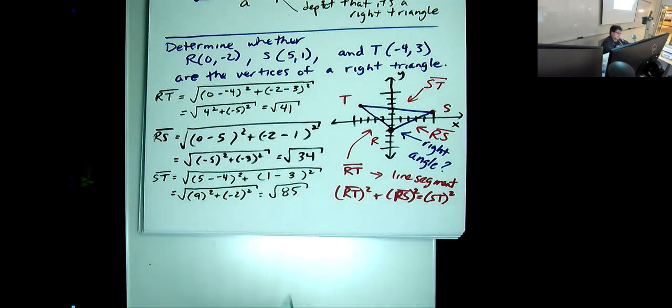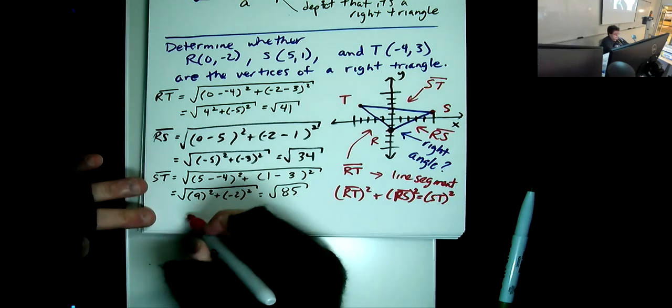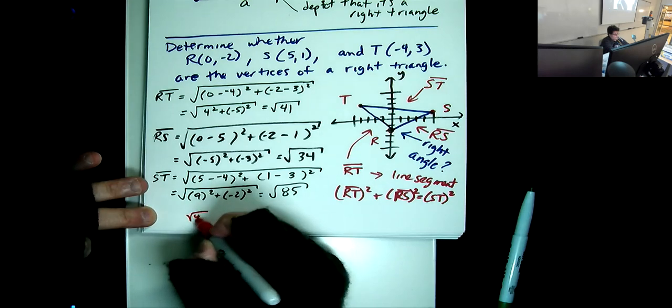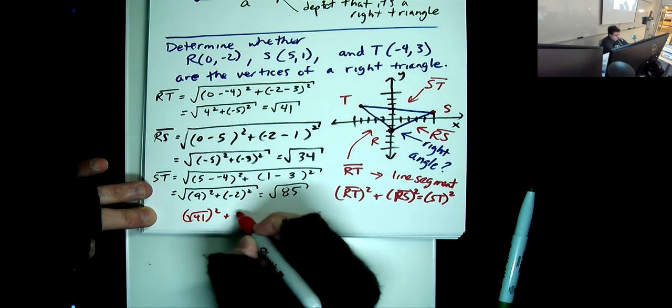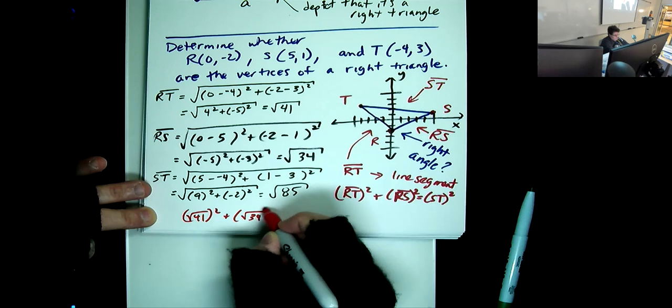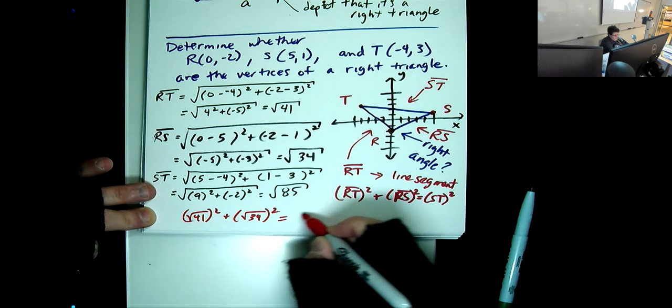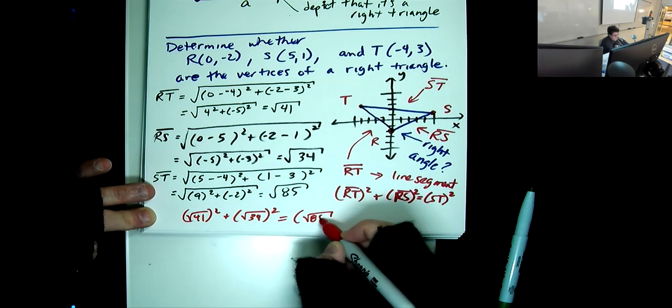So I need to know, is the square root of 41 squared plus the square root of 34 squared equal to the square root of 85 squared?